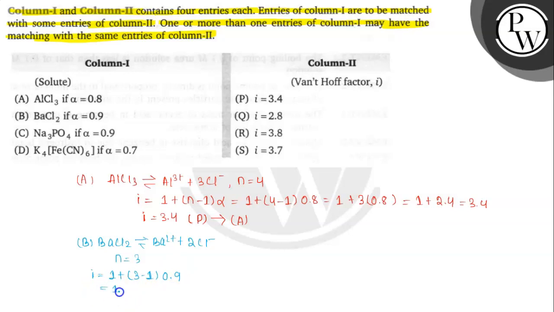So it will be equal to 1 plus 2 into 0.9, which is 1 plus 1.8, that is 2.8. So option B is matched with Q because the value of the Van't Hoff factor is 2.8.